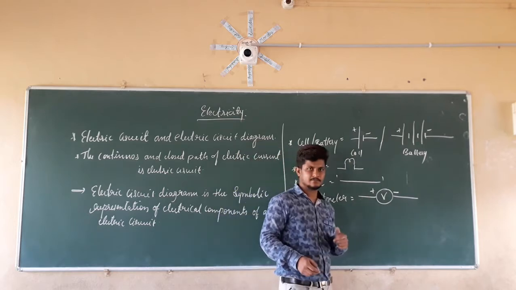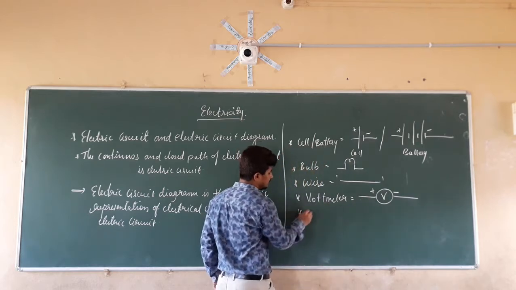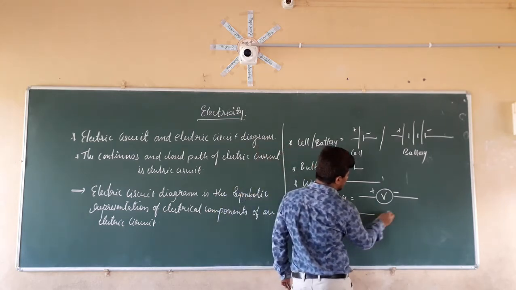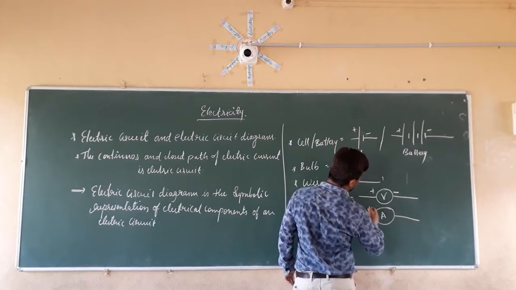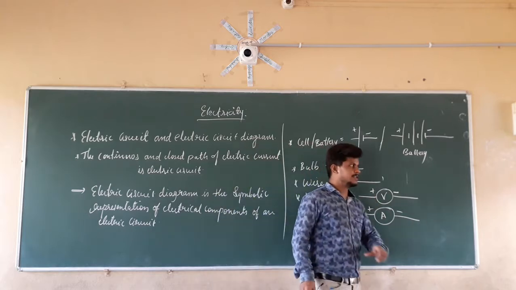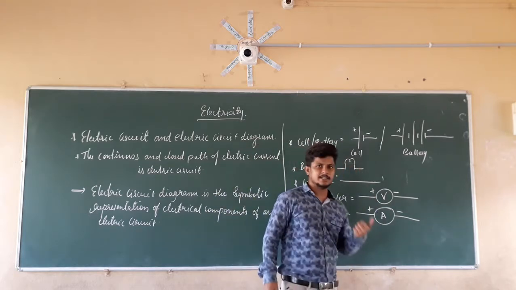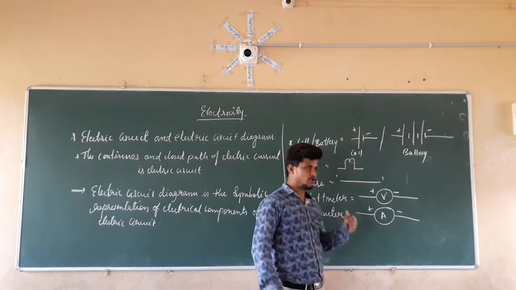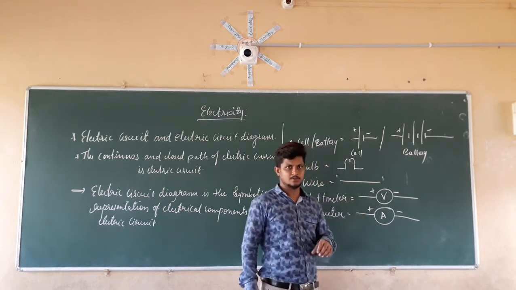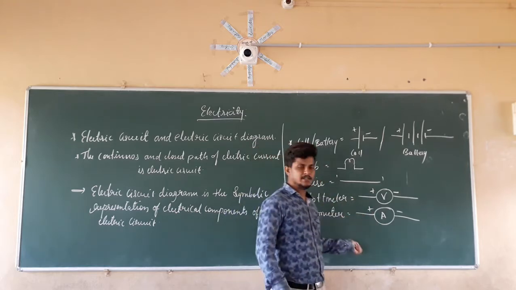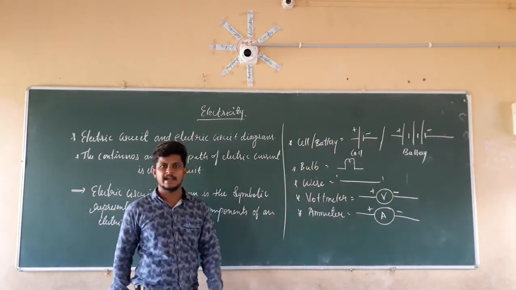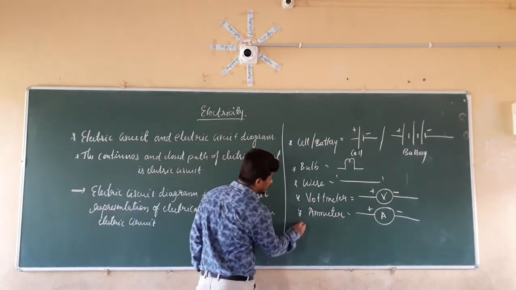In the same manner, the ammeter is shown like this, with plus and minus. Remember that the voltmeter is always connected in parallel, whereas the ammeter is always connected in series. So while drawing circuit diagrams, always draw the voltmeter in parallel to the given component, and the ammeter in series only. This is about the voltmeter and ammeter. Now, how are we going to show the switch?